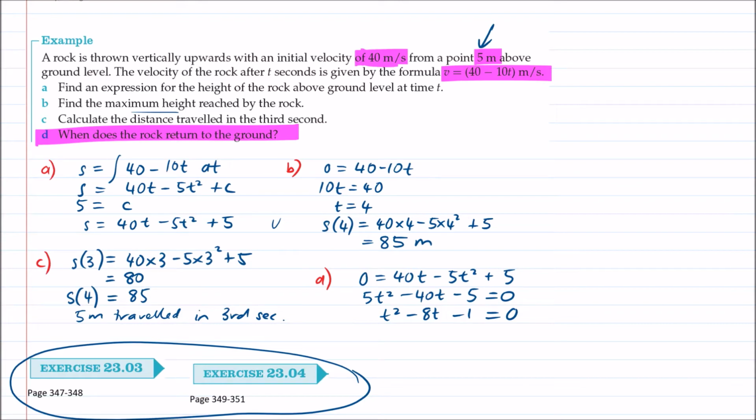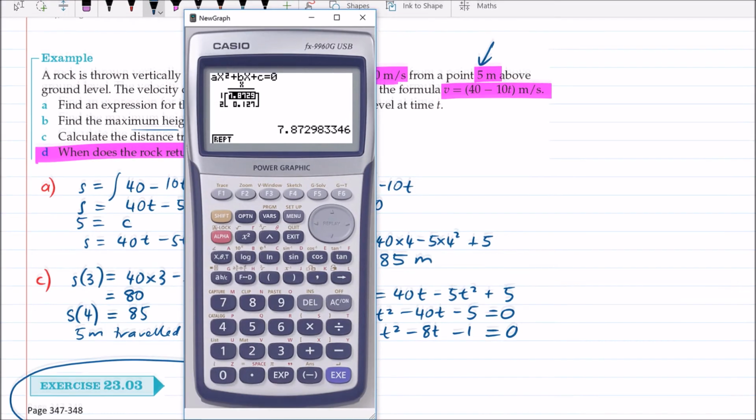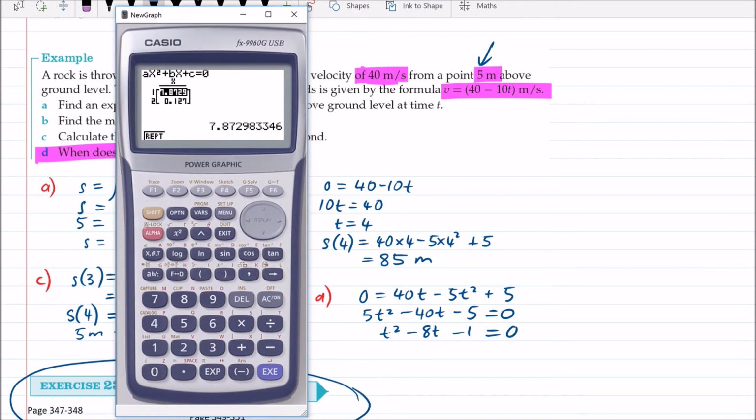Okay, now we'll get our calculator out to solve that quadratic. We'll go into equation mode, and I've already got it in there, but I'll change that coefficient to -1.